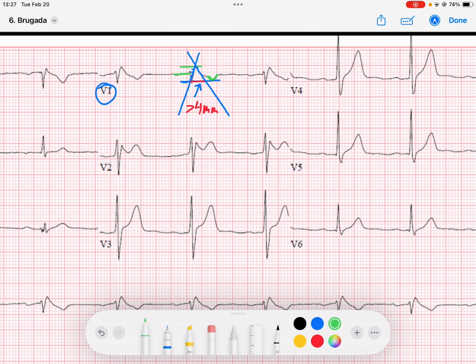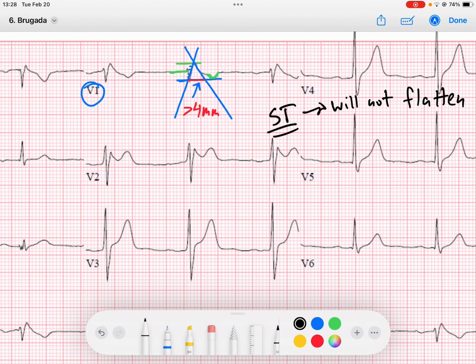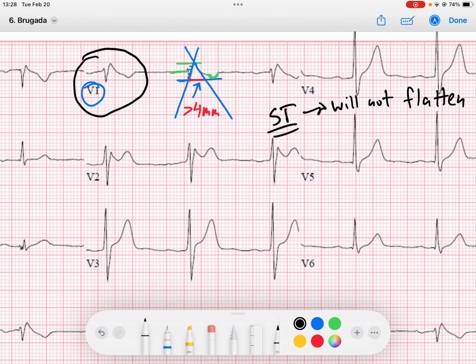Something else that you'll notice in Brugada about the ST segments, this is just more data about Brugada. The ST segment will not flatten. So the ST segments will oftentimes not remain flat. And you see that here, if I look at this lead, V1, and I look at this beat, notice we don't have a moment where the ST becomes isoelectric, right?